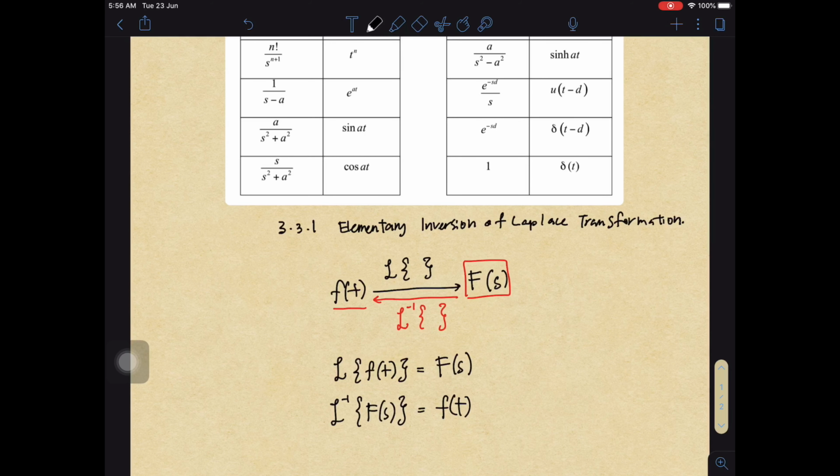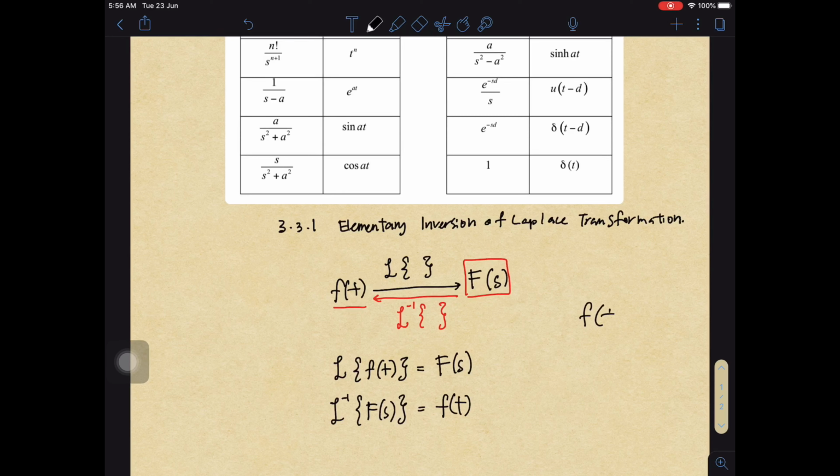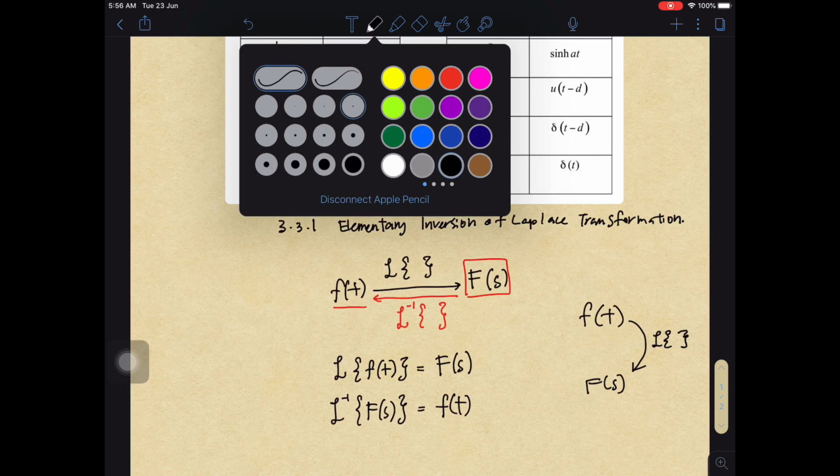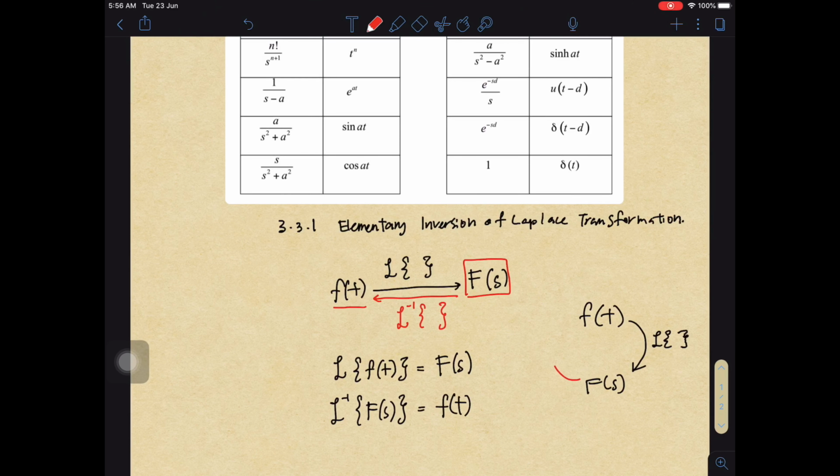So when you have f(t), you do the Laplace transformation on f(t), and you get F(s). If you have F(s), you do an inverse Laplace transformation, with the symbol like this, and you get back f(t).